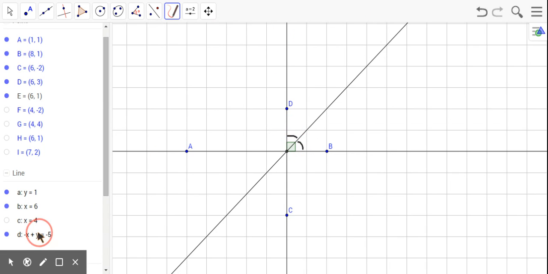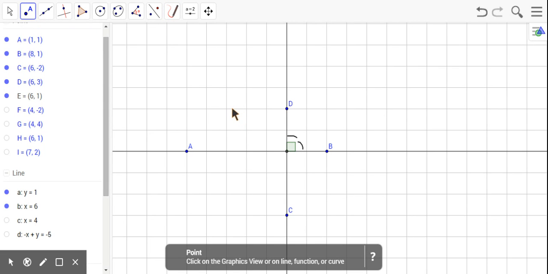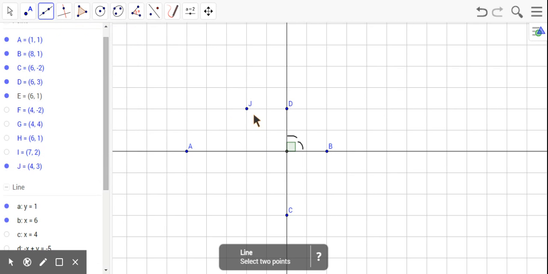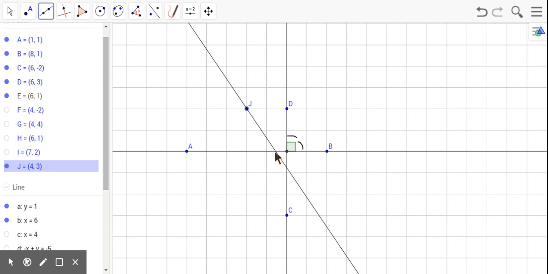And then the very last thing that I want to talk about here is that if I were to put a point, let's say right here, how many lines can I put through this point that will be perpendicular to line AB?